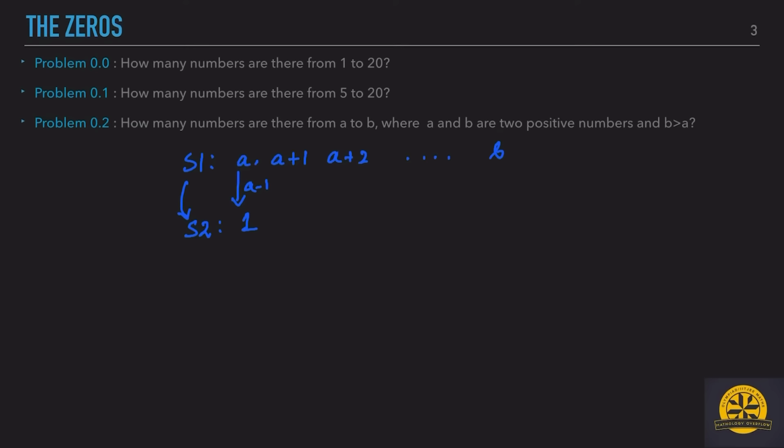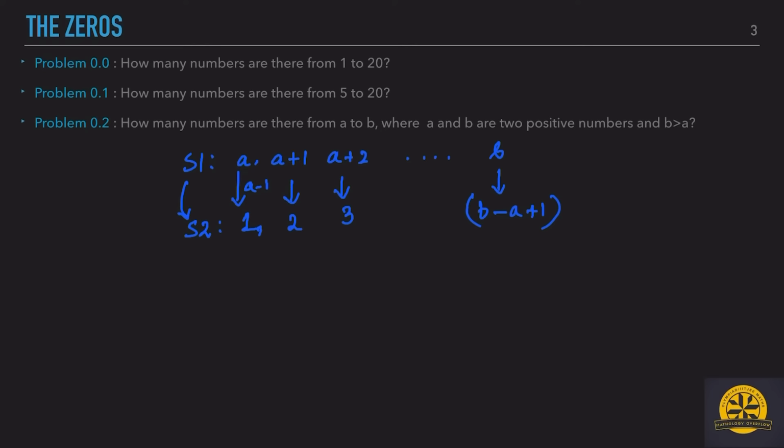Similarly, we subtract A minus 1 from every number in the sequence. This becomes 1, this becomes 2, this becomes 3, and this becomes B minus A plus 1. As we can see, there are B minus A plus 1 numbers in the sequence. We simply translated the given sequence S1 into S2 by some operation, just to make our life easier.